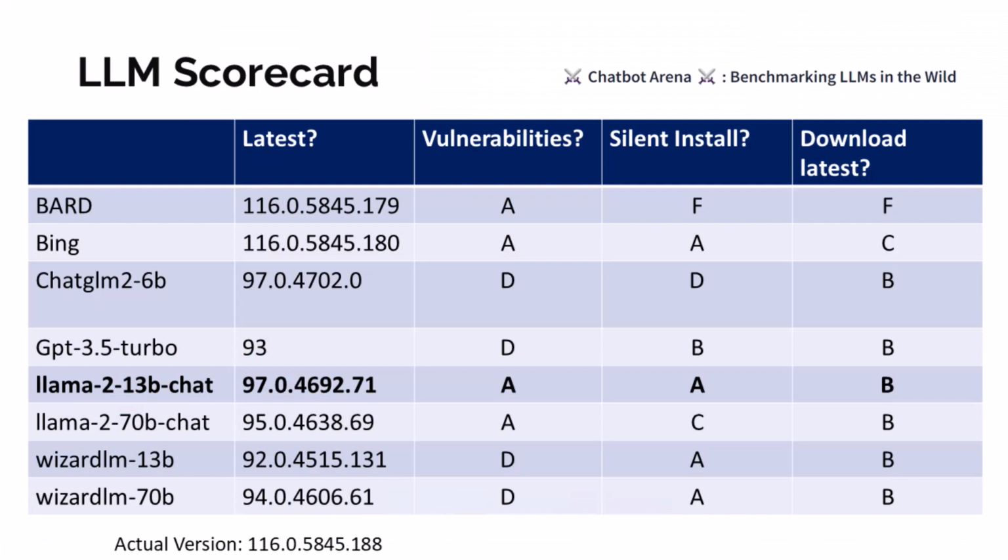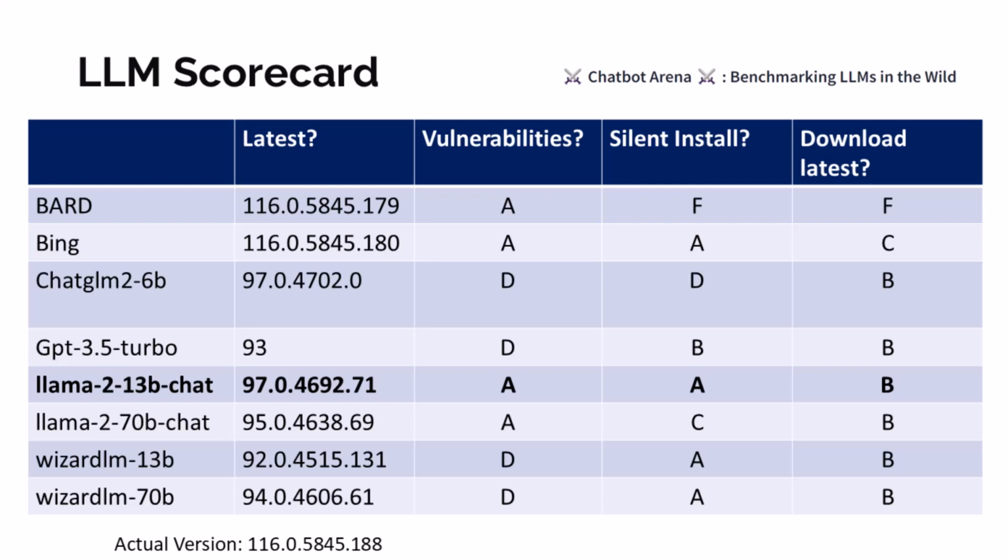So Bing was the clear winner there, but I also found something called the Chatbot Arena website, where you can basically provide questions to 2 unlabeled large language models and judge the results. So I would ask the question, what is the latest version of Chrome? And get different answers. And I would ask each of the questions, as you saw me do with Bing and Bard.